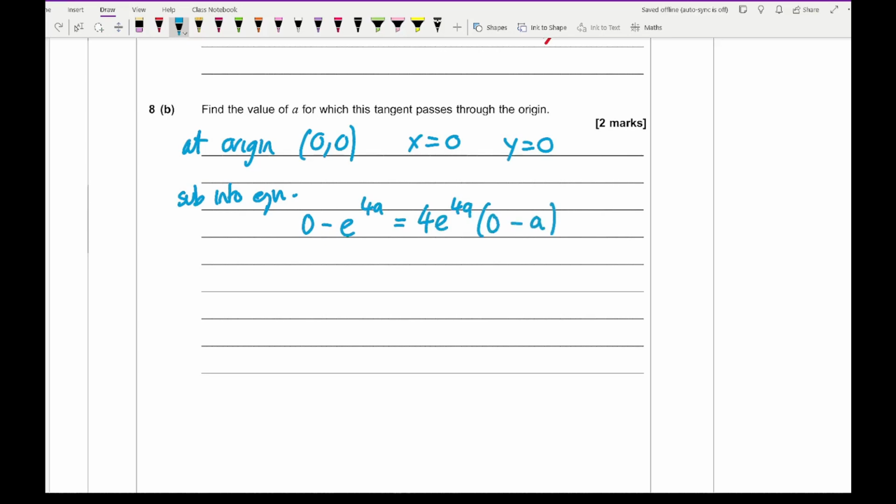Then if I neaten that up, I get minus e to the 4a equals 4e to the 4a times minus a.